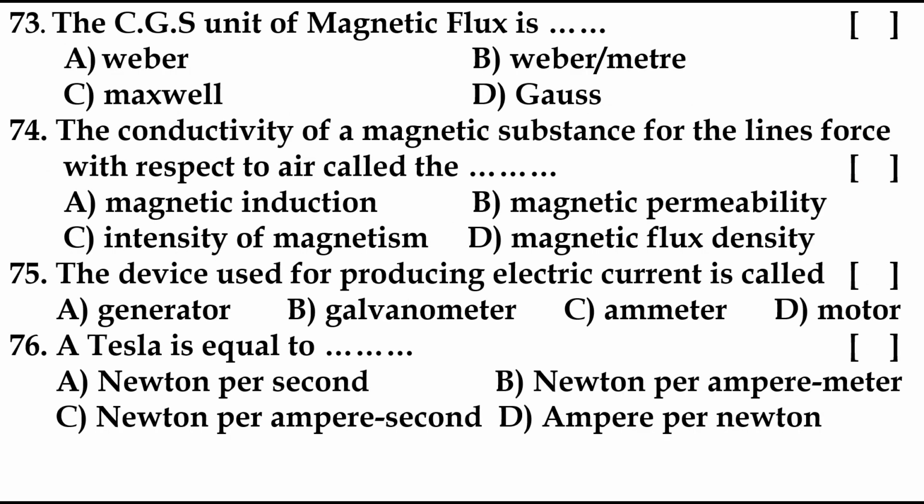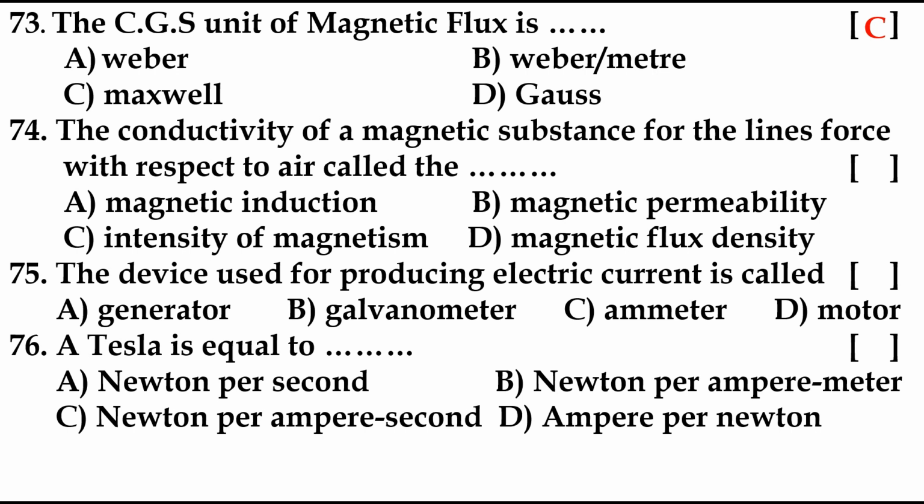73. The CGS unit of magnetic flux is dash. A. Weber. B. Weber per meter. C. Maxwell. D. Gauss. Answer is C. Maxwell. 74. The conductivity of a magnetic substance for the lines of force with respect to air is called the dash. A. Magnetic induction.